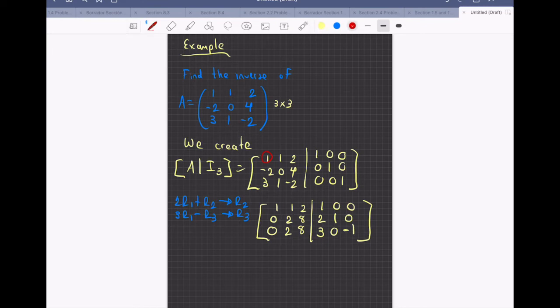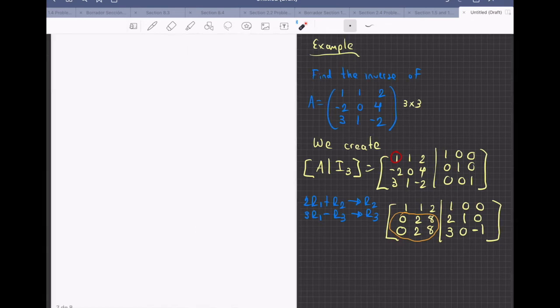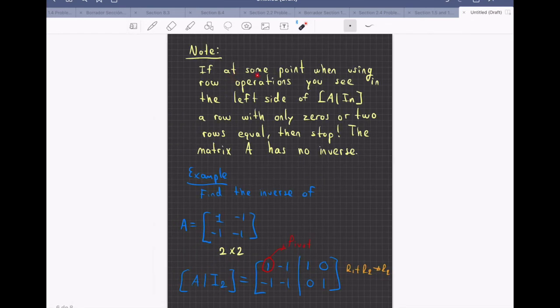But notice, what do we have here? We have arrived at 2 rows that are equal in the left side of the bigger matrix. By the left side, I mean all of this side. I said before that if at some point when using row operations you see in the left side of this matrix a row with only zeros or 2 rows equal, then stop. The matrix A has no inverse.